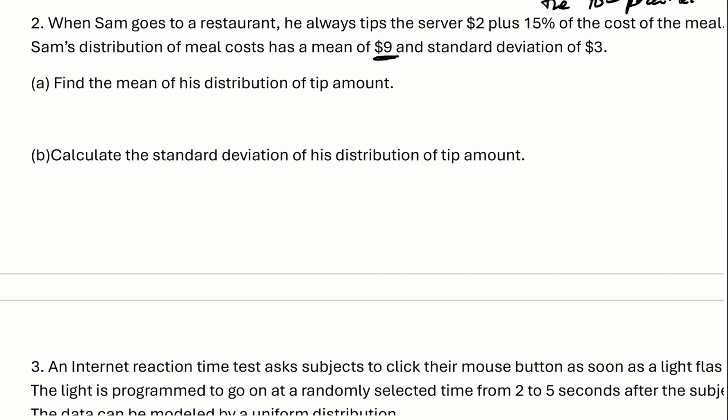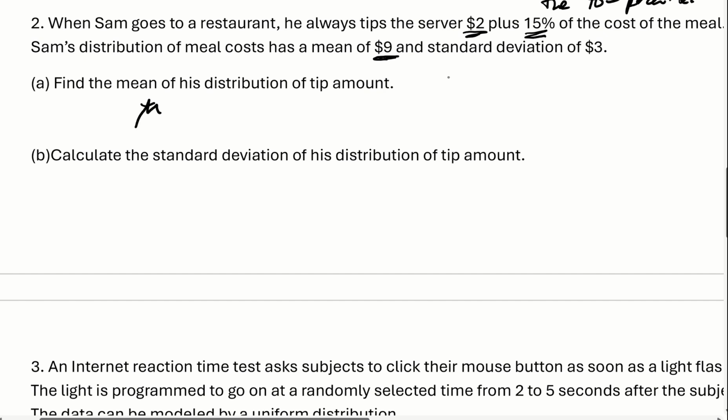So this is a transformation. We're taking the distribution of meal cost, and we're transforming it into the distribution of tip amount. The mean is affected by both addition and multiplication. So we're going to take the mean, and I'm going to use mu for the mean.